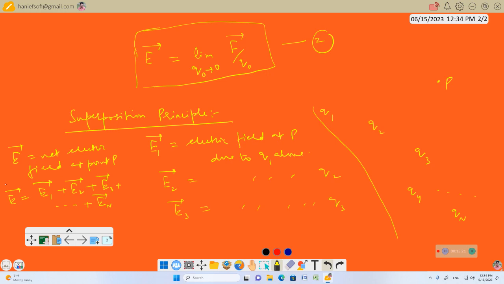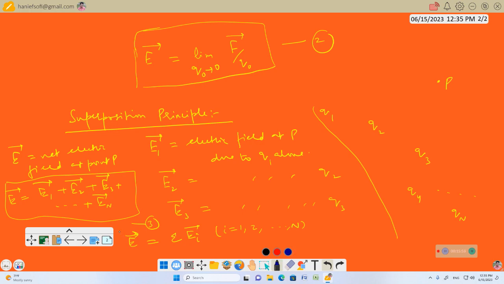This idea is called principle of superposition. Let me name it equation 3. This equation 3 can be written in compact form. I can write E, that is the net electric field at point P, is the summation of E_i, where i runs from 1 to n.